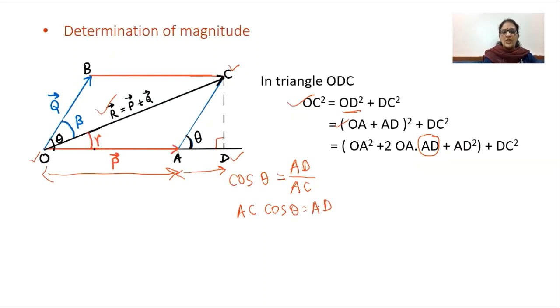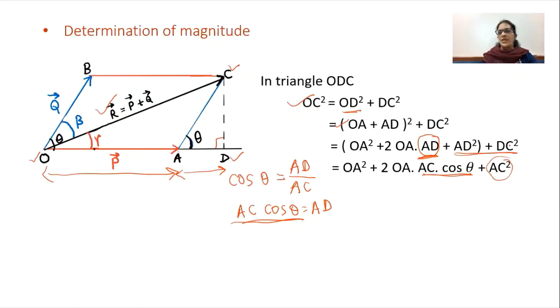So substitute this value of AD here. What will happen? OA square plus 2 OA, AD is AC cos theta, so it is AC cos theta, plus AC square. How? This AD square plus DC square. The value of AD has been substituted here, now what remains is AD square plus DC square.